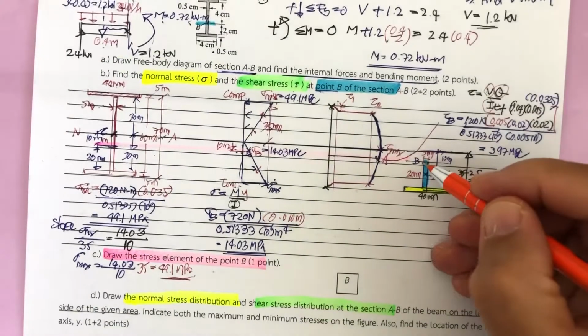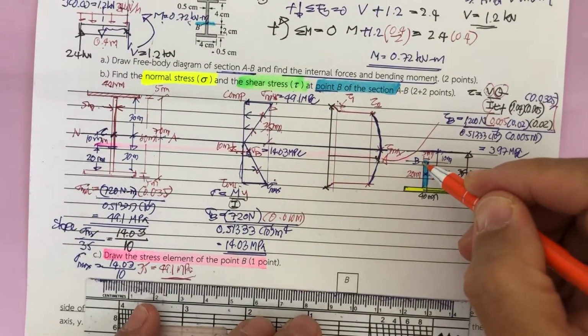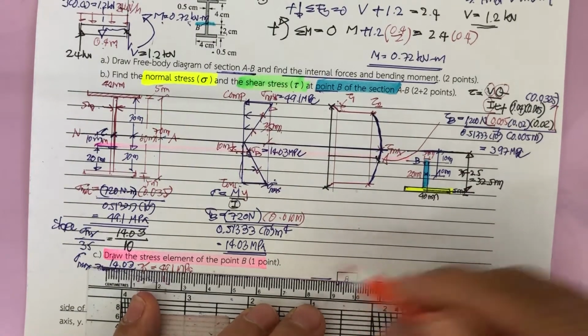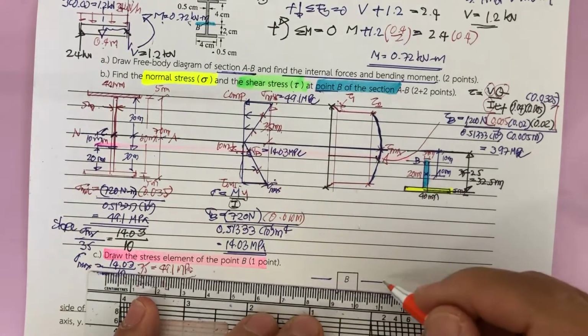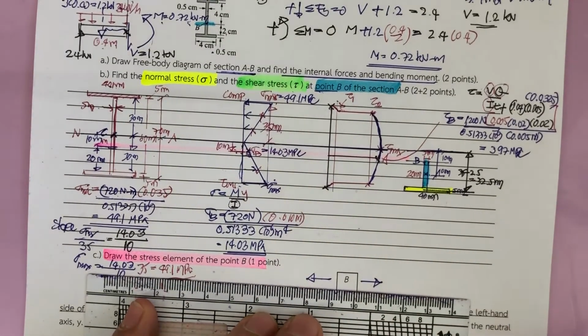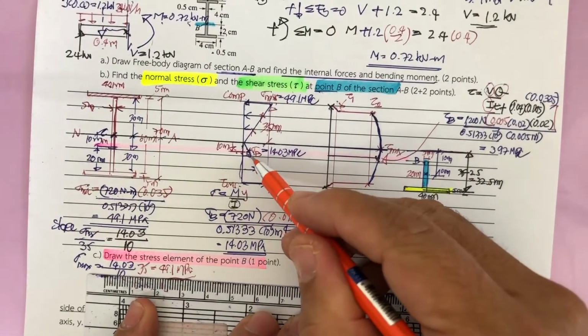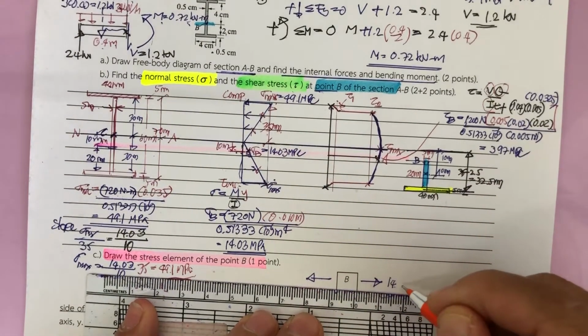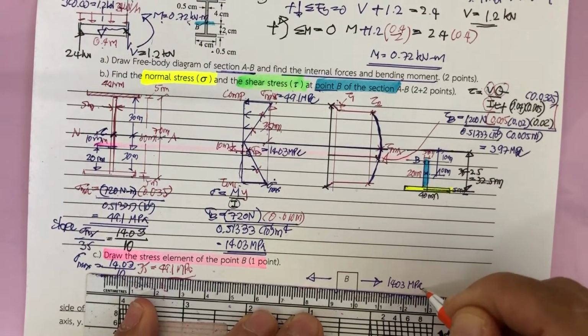Okay. And then they ask us to draw the stress element at point B. Point B is subjected to what? It is subjected to normal stress. You have the normal stress in this direction. It's in tension because it's in the bottom portion, in tension. This is 14.03 megapascal.